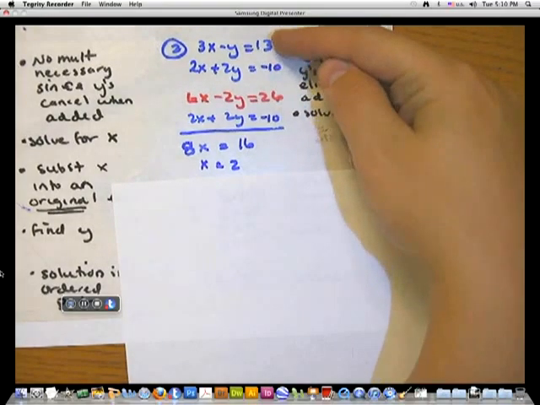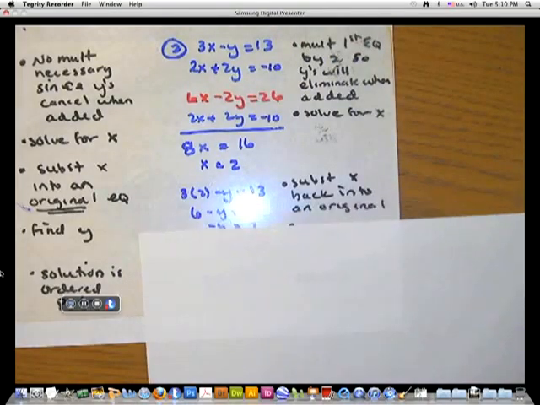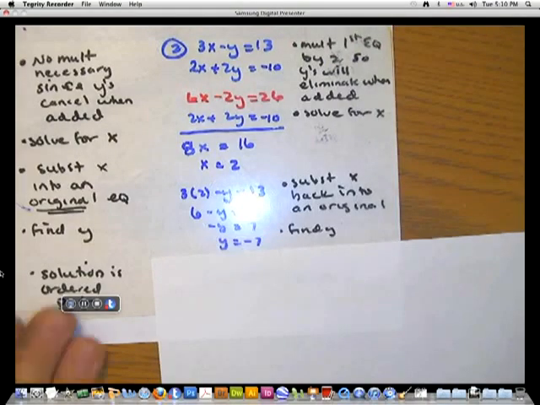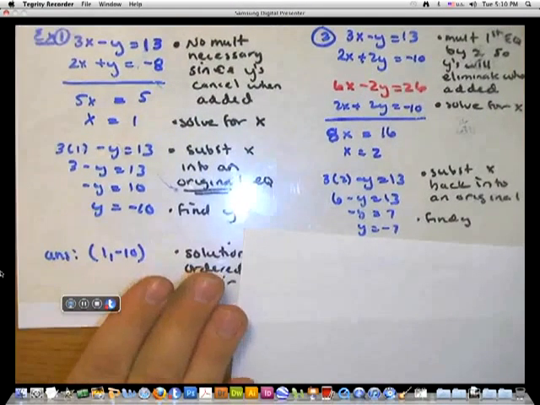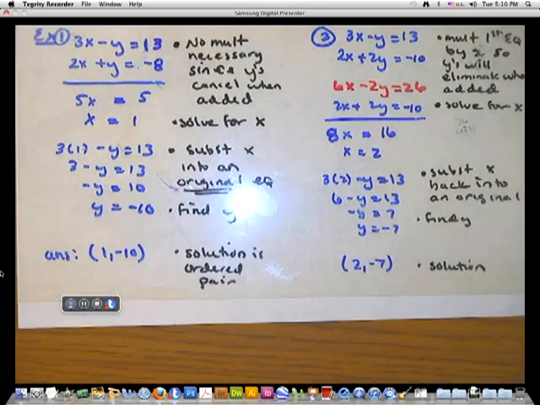It must go back to an original line. Again, it doesn't matter which one. I'm just going to pick the first one. So when I substitute it back into the first one, 3 times 2 minus y, solve for y, I get negative 7. And there I'm going to write it in proper solution format.